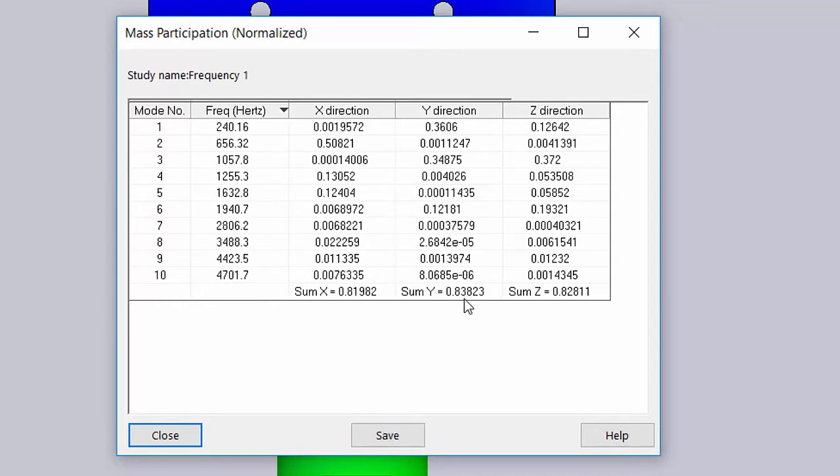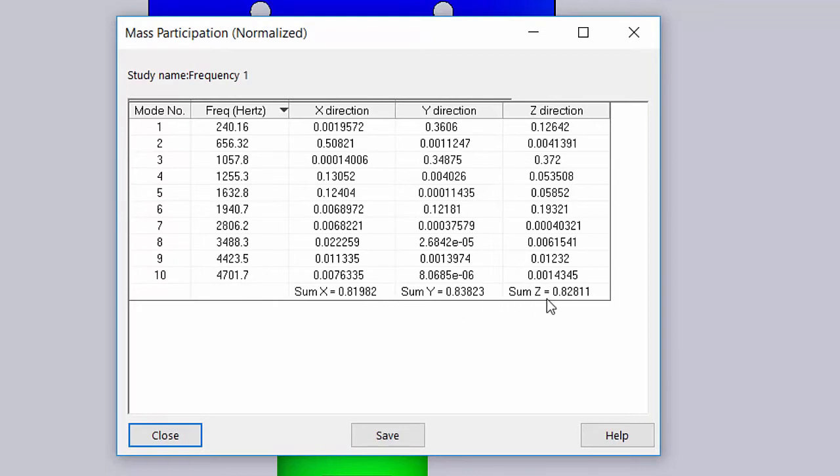So if I had one of these columns under 80% mass participation and my shock load, or whatever load I'm applying to my linear dynamic study, is principally in that particular axis, then I need that axis to be above at least 80%.